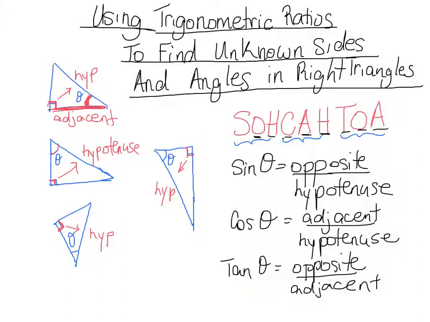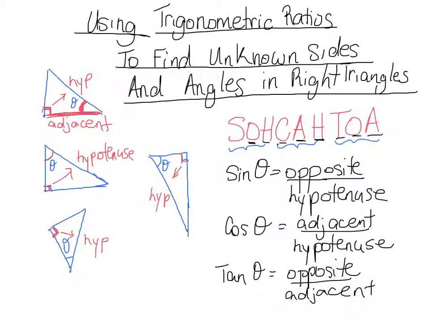In a triangle that looks very similar, the angle is up here, so the adjacent is up here. Down here, the angle is here, so the adjacent right next to it, touches it, is over here. And finally, for this one, the adjacent next to that angle is up here.